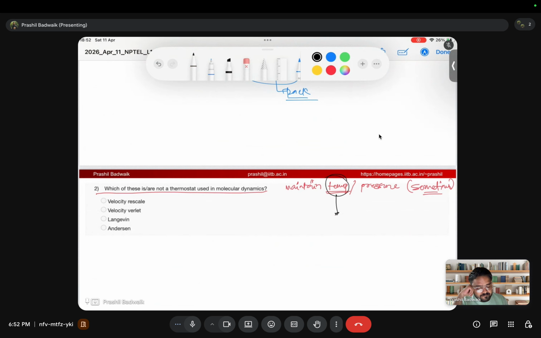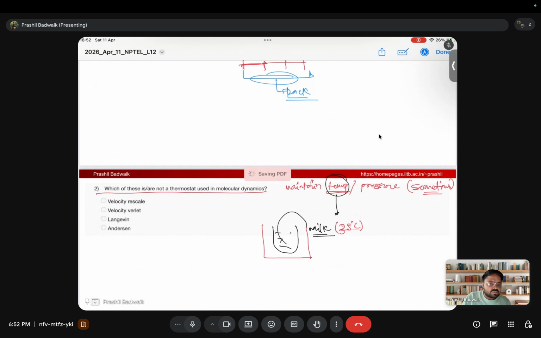To keep the temperature constant, what do we do? If I have milk, I have to heat and maintain its temperature at 25 degrees Celsius, for example, or 35 degrees Celsius. If I directly heat, what will happen? The temperature will keep on increasing. So nowadays there are sensors: if the temperature reaches that value, the heating stops.